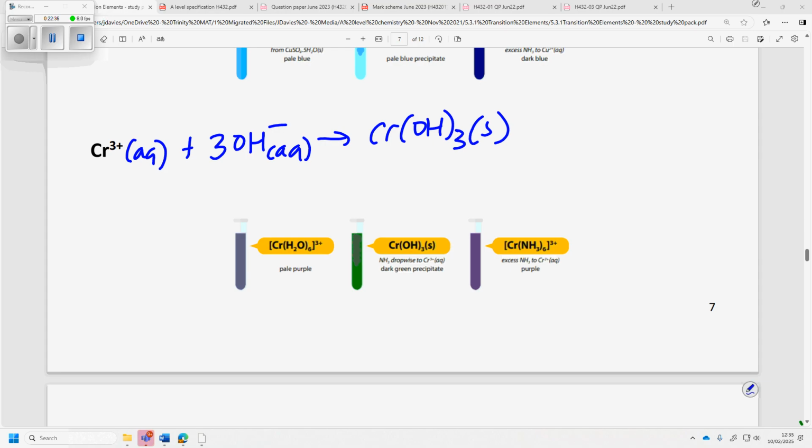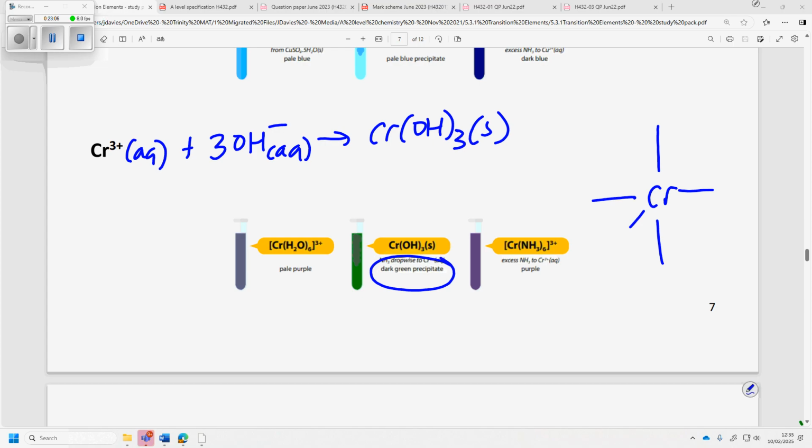We've got the dark green precipitate of chromium 3 hydroxide. When we add our chromium 3 hydroxide into excess ammonia, we now get a ligand substitution reaction. The hydroxides come off, just like in the case of the copper, and we end up with chromium.